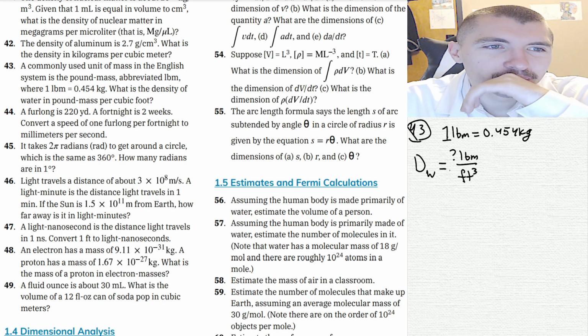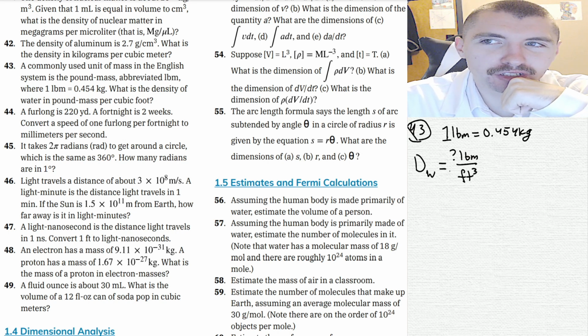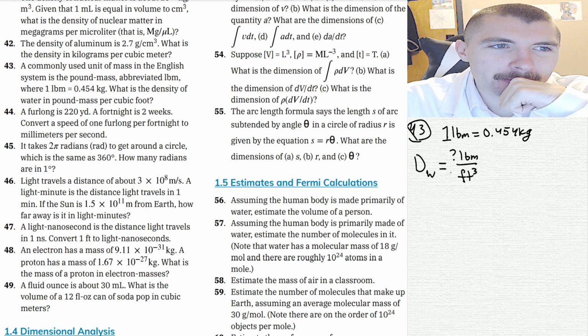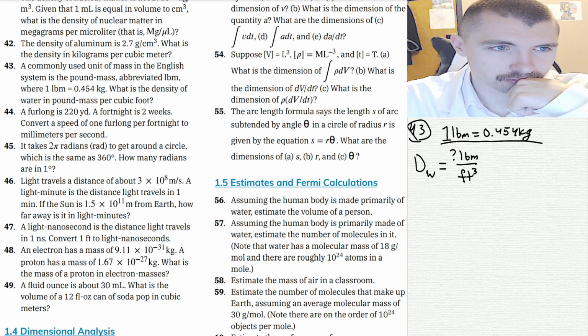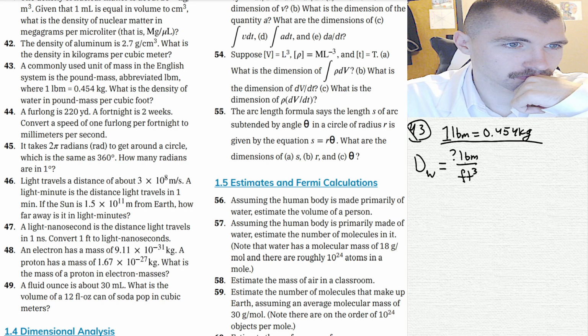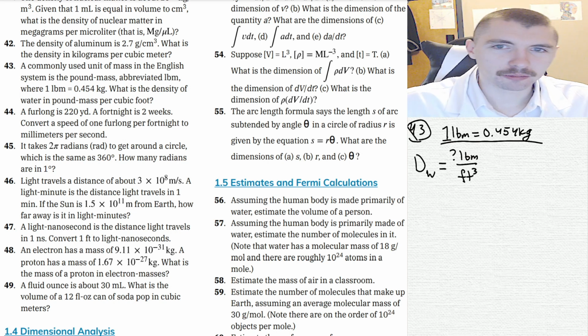Alright, so it's not making sense to me yet. Pound mass per cubic foot. I don't know why we need to know this. Maybe we already have density of water.